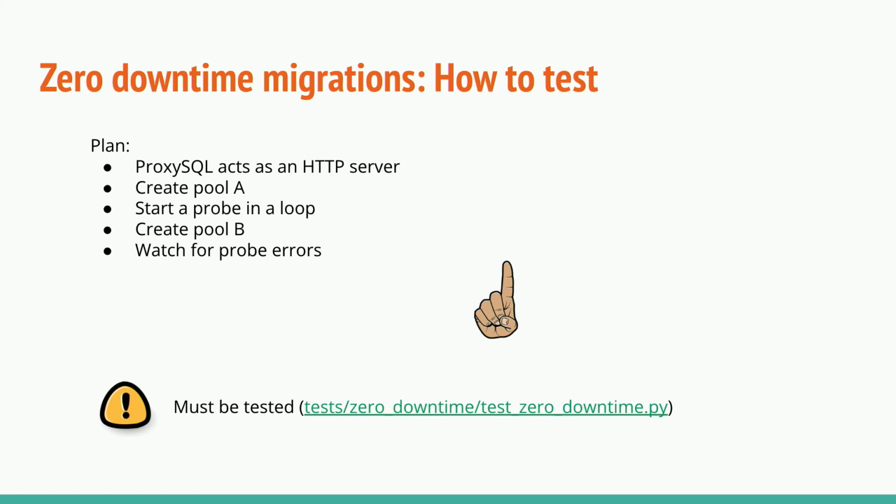On the EC2 instance, for the test, I do not run ProxySQL. Instead, I run a web server. It doesn't really matter whether it's a ProxySQL or HTTPD. What is important is to have something on the instance that would respond to requests. So I run HTTP server because it's simpler.